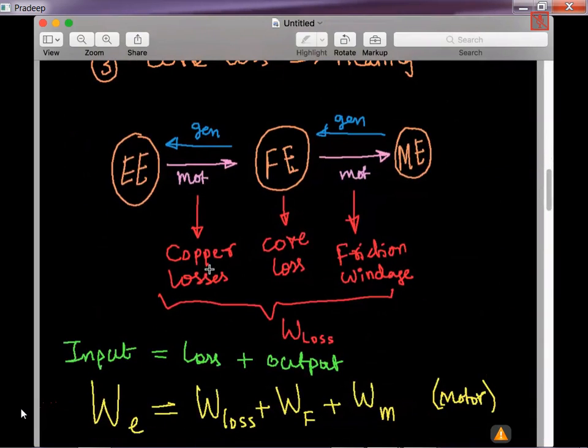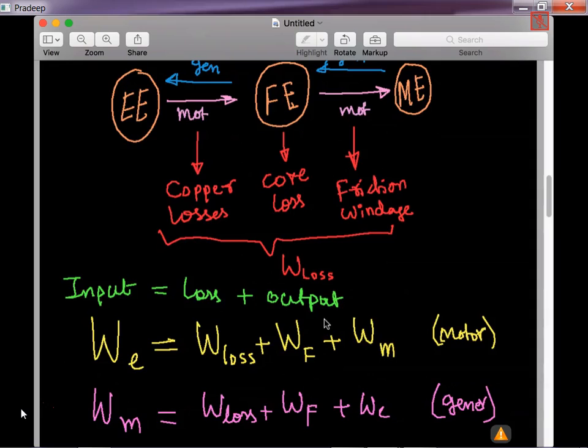Between electrical and field energy, copper losses exist. Inside the field energy, core losses exist. And finally, between the field energy and mechanical energy, friction and windage losses exist. So this is the total of the losses in the energy.